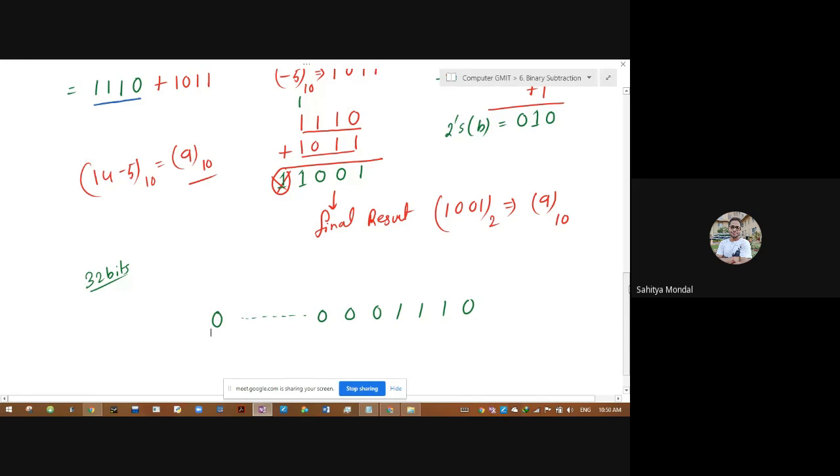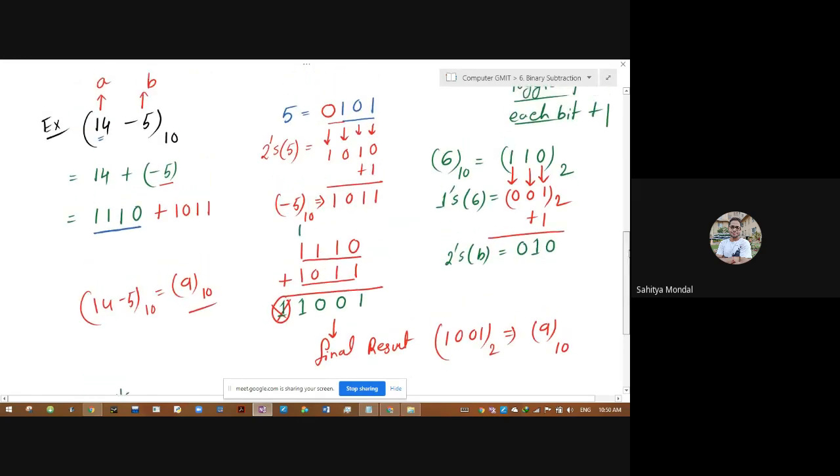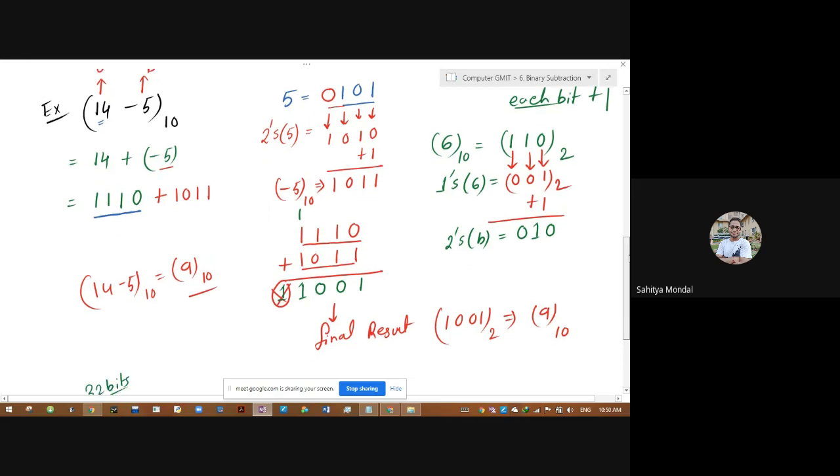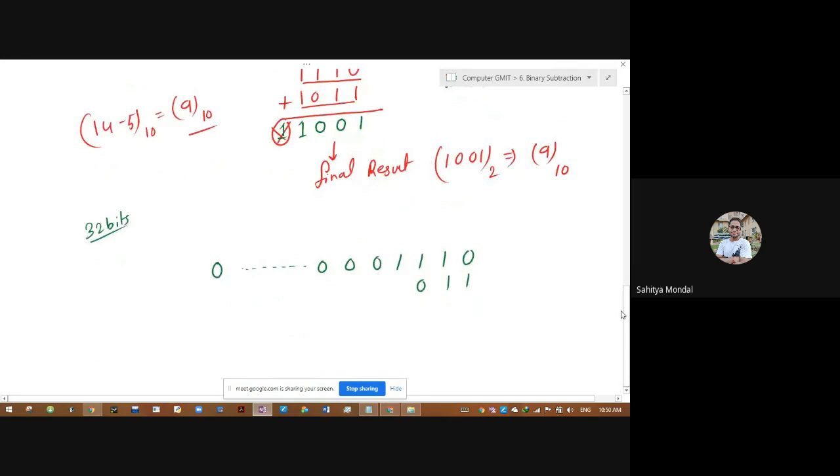Now if you convert 5 from 32 bit to -5, the result will be the same, 1, 0, 1, 1, and all the remaining bits will be 1. This is the 0th position, then 1, 2, 3 in this way indexing, and the last bit is the 31st bit, because I am starting with 0.